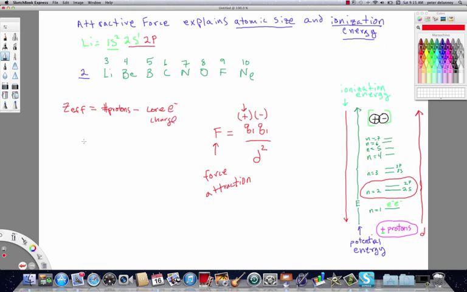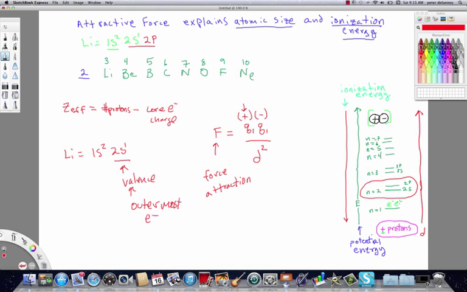Now the core charge is not that complicated to understand. If we go back to lithium and very quickly we do its electron configuration, 1s2, 2s1. The 2s1 electron is the valence electron of lithium. So this is the outermost electron found in lithium.